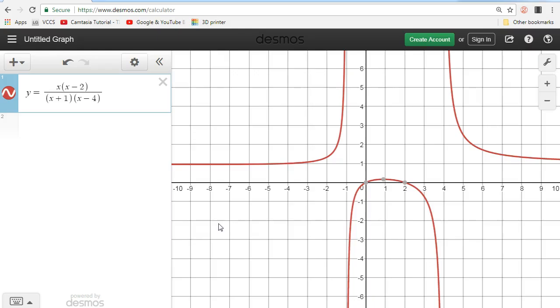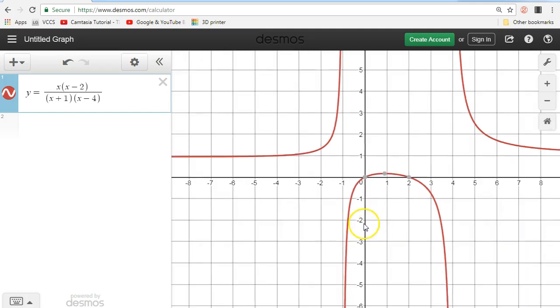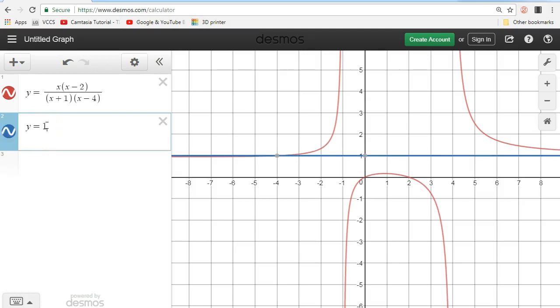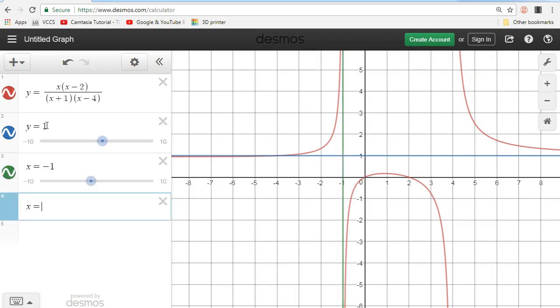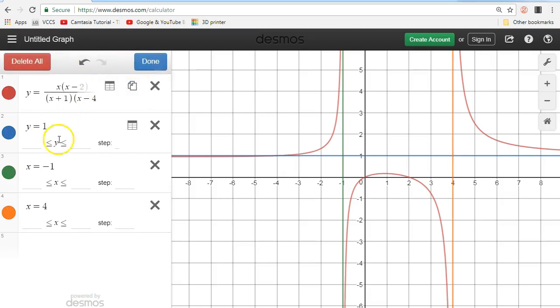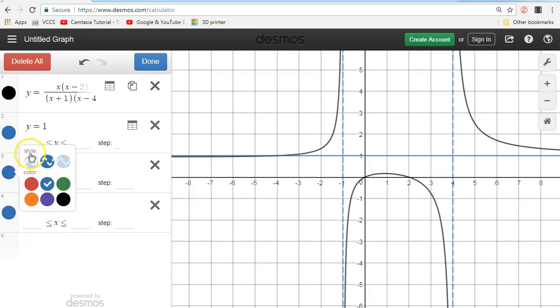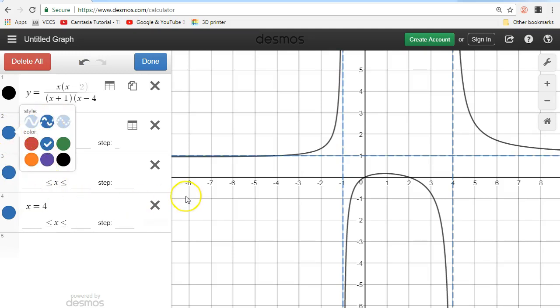I can zoom in some. I can add asymptotes by saying y is equal to 1, x is equal to negative 1, x is equal to 4, and then I go to the setup screen to set all of these to the right colors, really trying to replicate the picture that we had on the quiz paper. And there we are.